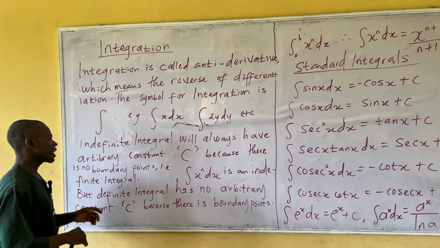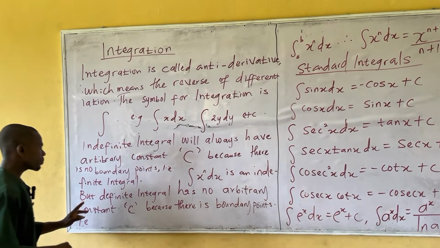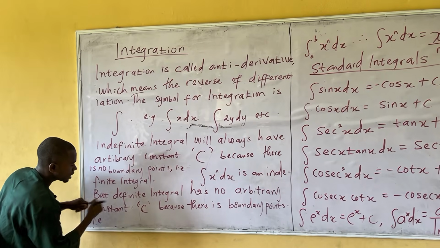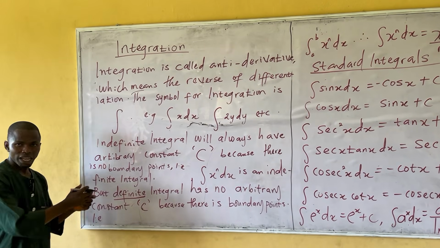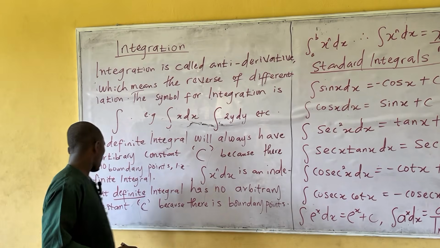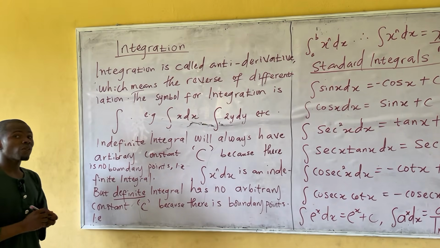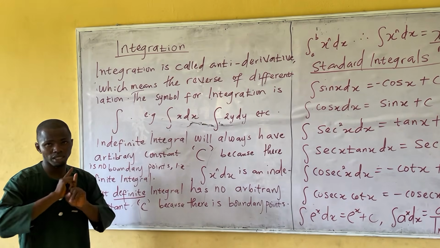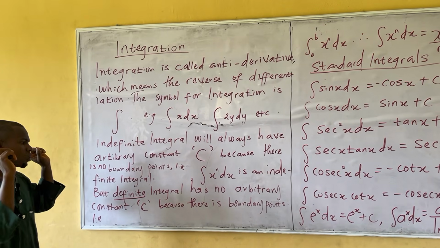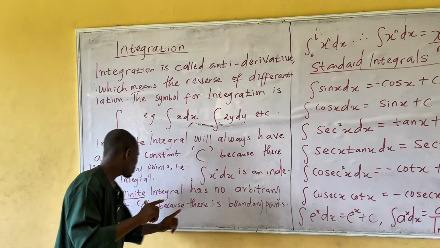Now, the next part. A definite integral has no arbitrary constant C. Why? Because there are boundary points.